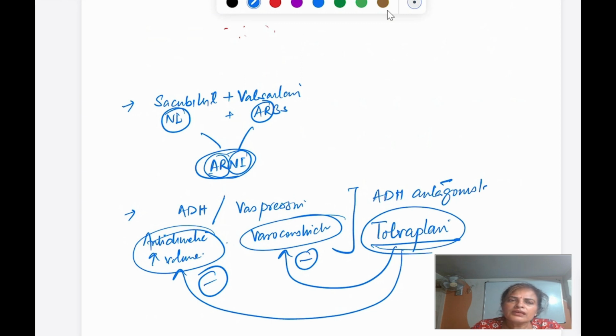Then sometimes you may get the classification of the drugs which we use for congestive heart failure. It is given very clearly in the standard textbooks of pharmacology. You can refer to Tripathi, you can see Sharma, okay.